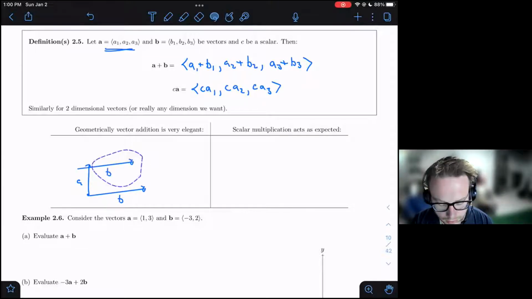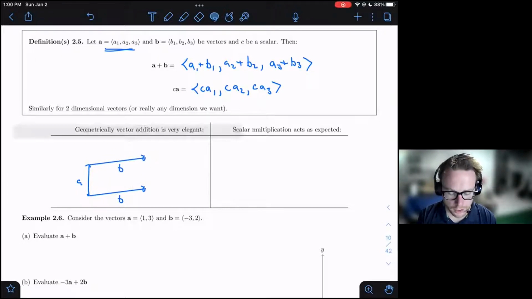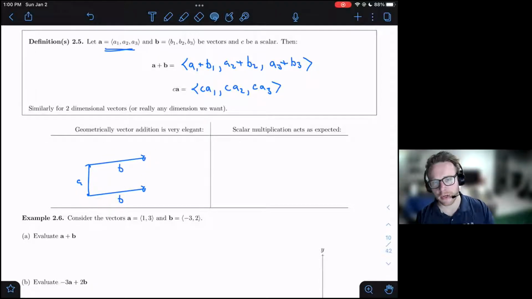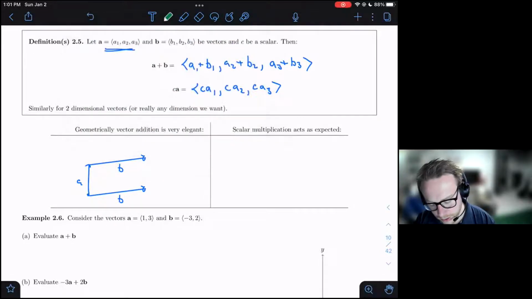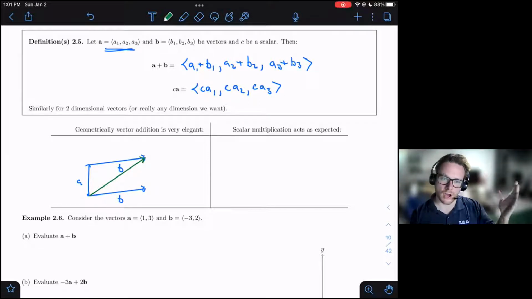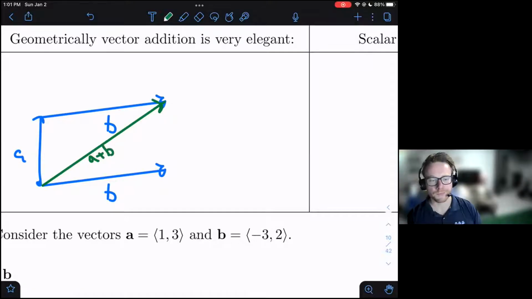I'm going to take a copy of B and put it right up here. So we travel along A, then we travel along B. And this resulting vector, going from the starting spot out to this point after we travel along A and B, is the vector addition A plus B.